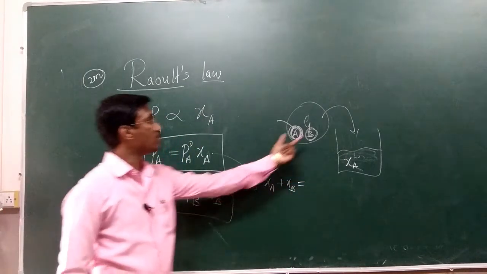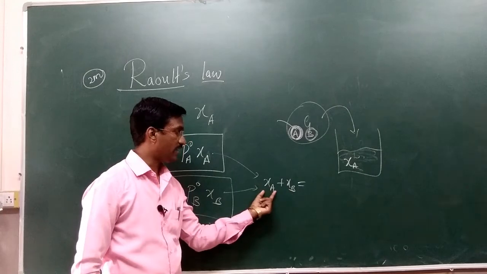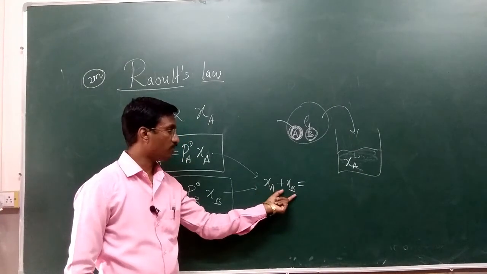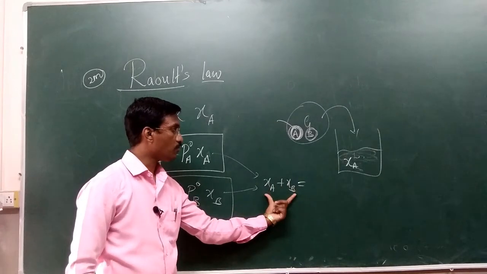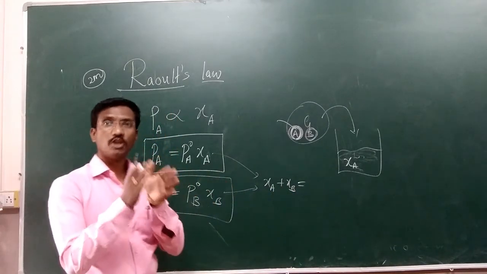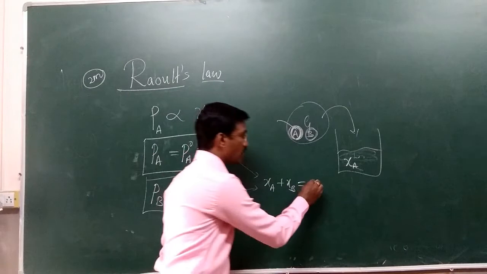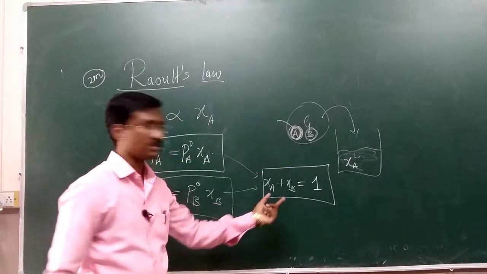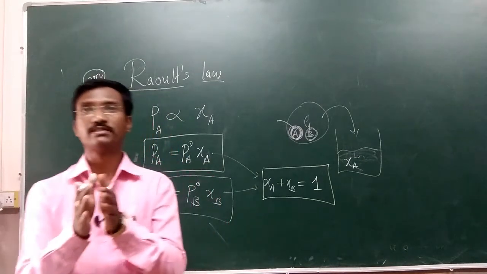If the mixture contains two components, XA is the mole fraction of component A and XB is the mole fraction of component B. Together, the mole fractions of all the components always sum to 1.